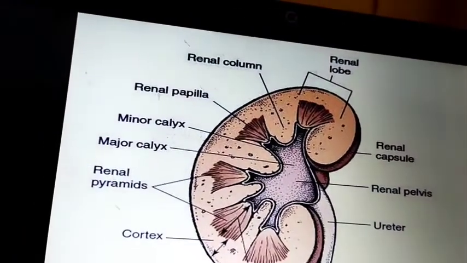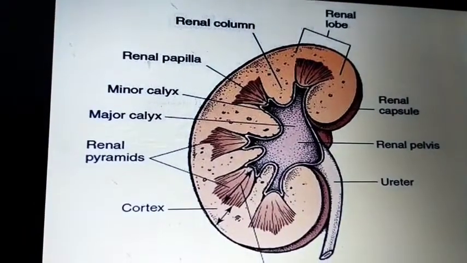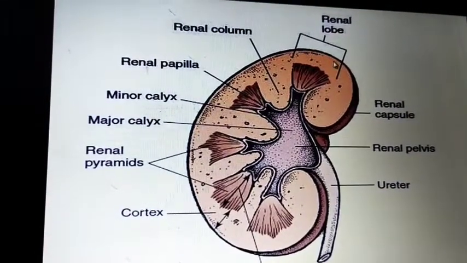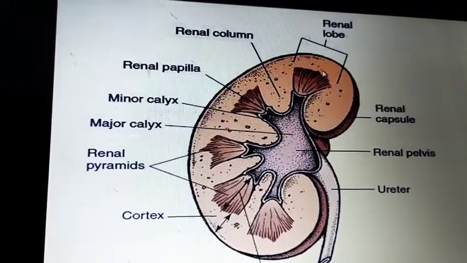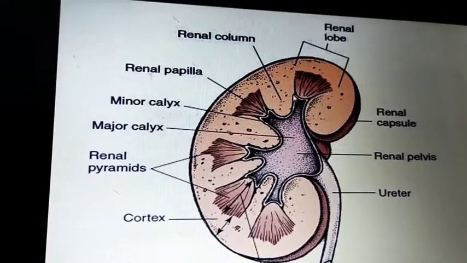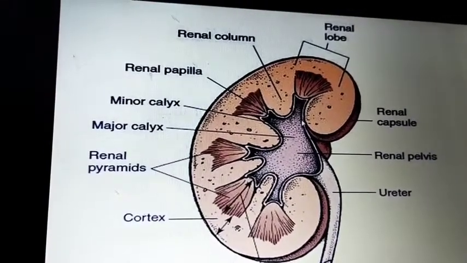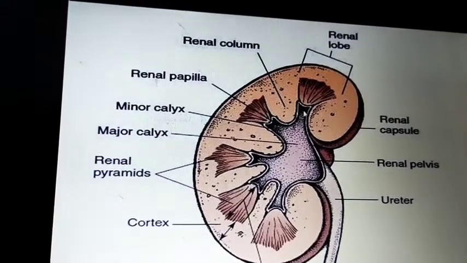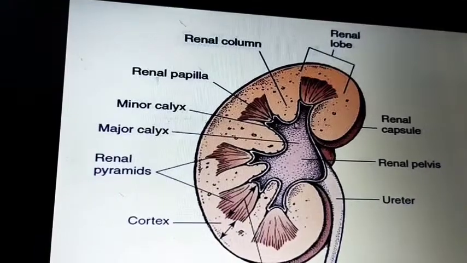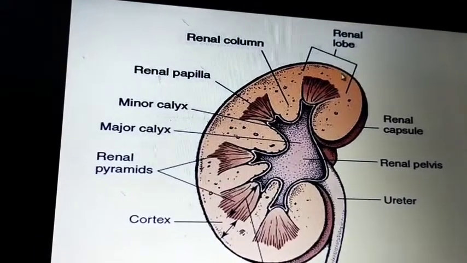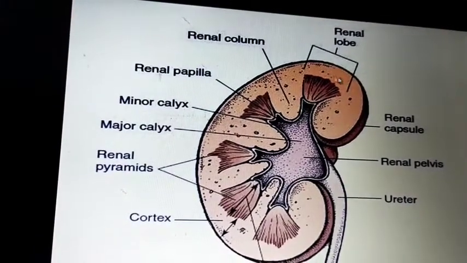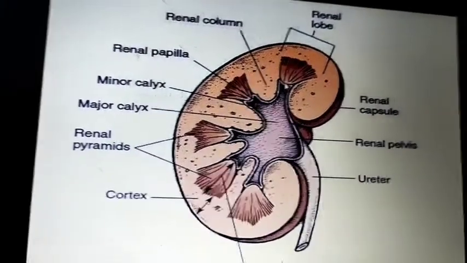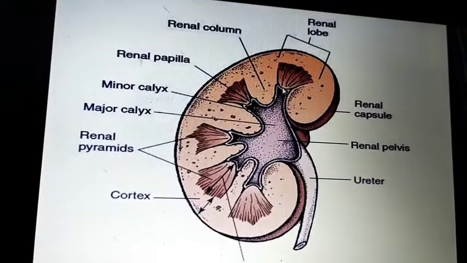In this picture, the whole thing is a renal lobe. A renal lobe contains the capsule, cortex, medulla with the pyramid, and the minor calyx and major calyx. Up to this part is a renal lobule, and a renal lobule only contains the capsule, cortex and the base of the pyramid.